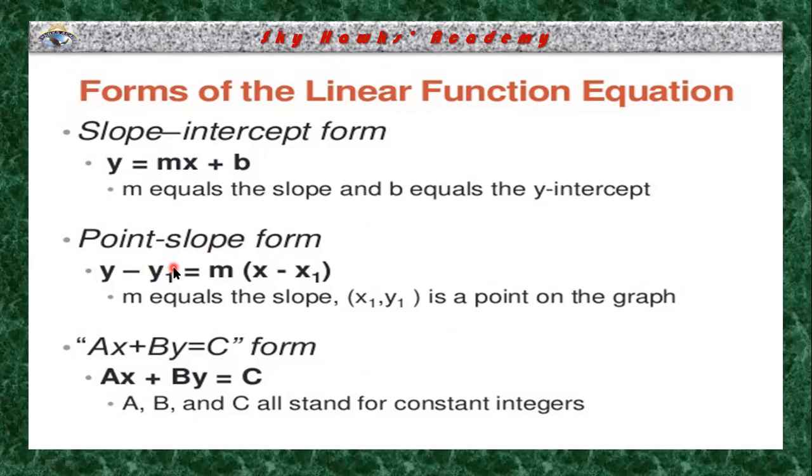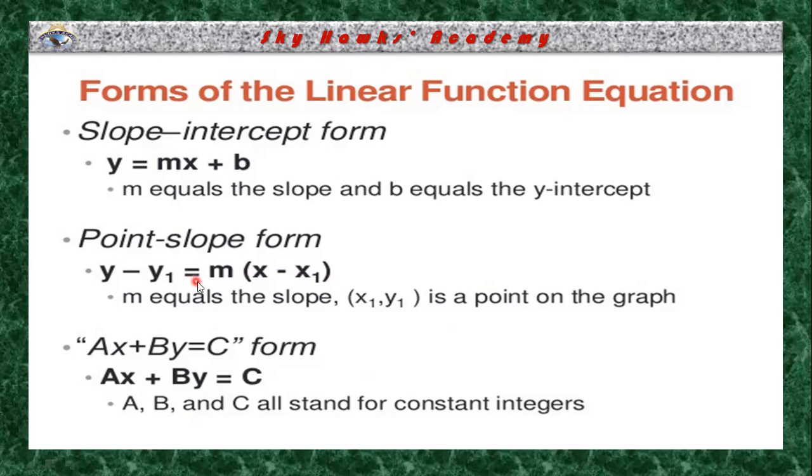Or in other cases, the equations are given and we have to recognize it or draw the graph. If the two points are given, then y minus y1 is equal to m times x minus x1, where m is the slope and x1, y1 is a point on the graph. If only one point and the slope are given, then you will have to use this format.